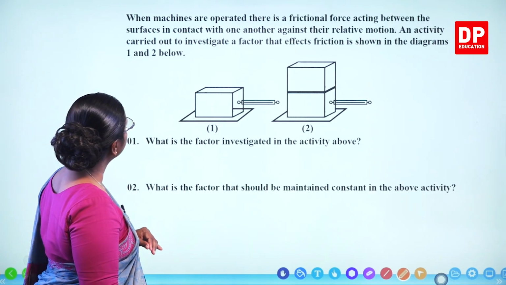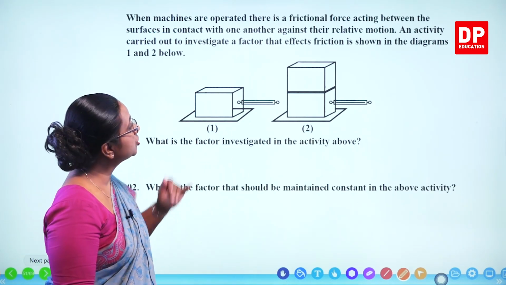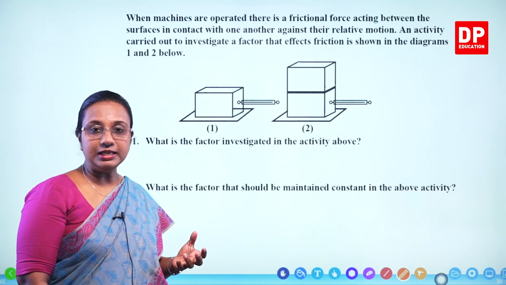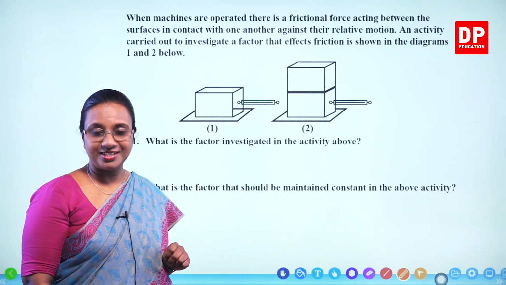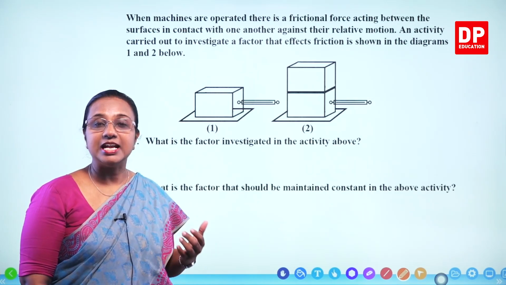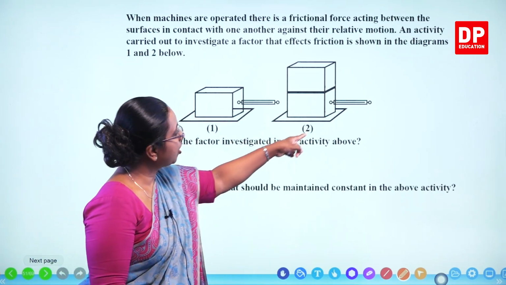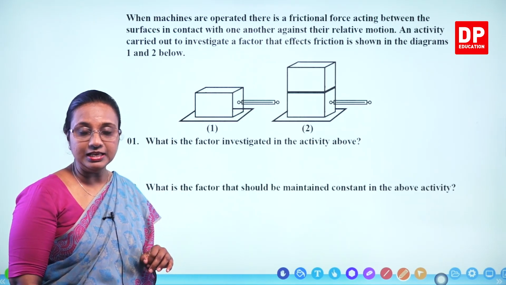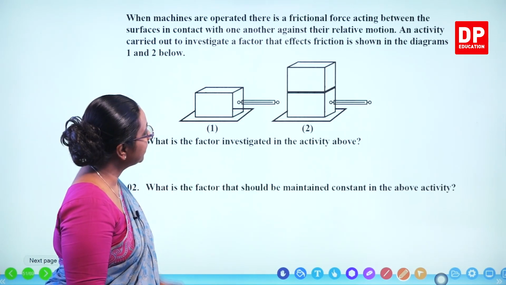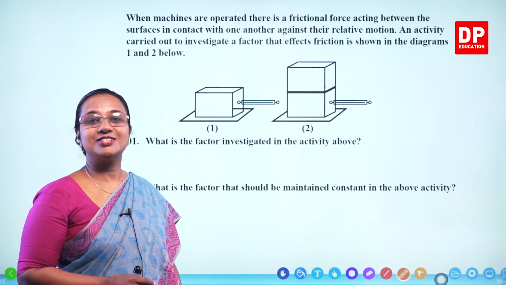An activity carried out to investigate a factor that affects friction is shown in diagrams 1 and 2 below. Normally there are 3 instances of friction, and we test the factors that affect limiting frictional force. From this diagram, you all know what factor is being investigated. The first question, what is the factor investigated in the activity above? I am sure you know the answer, students.